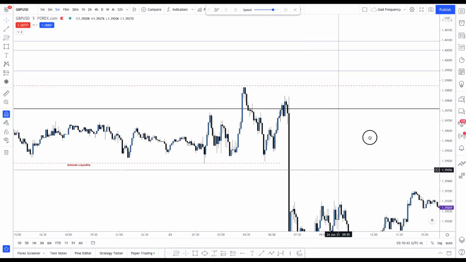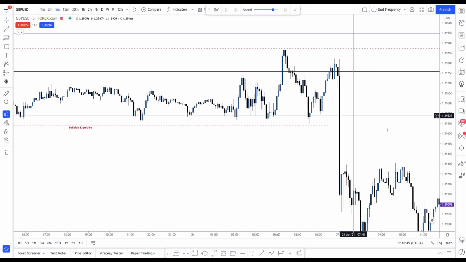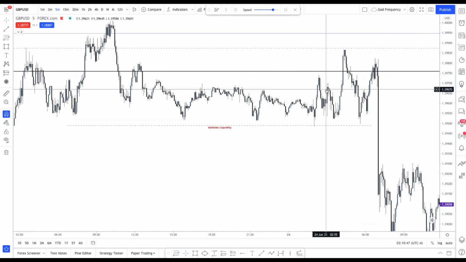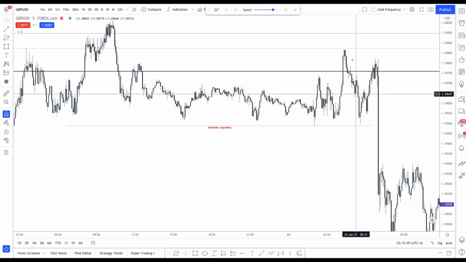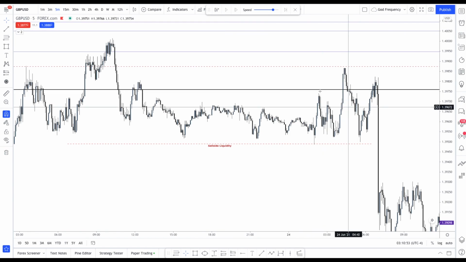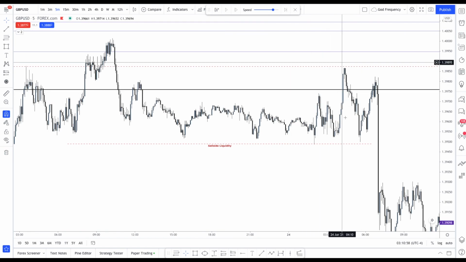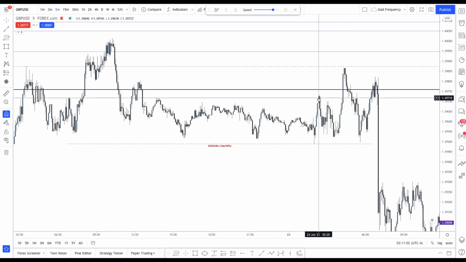And so what we're going to do is wait for this break in market structure. We're going to wait for them to take out liquidity on the buy side first, right? Because once they take whatever they take out first, we're going to look at it as kind of like a Judas swing.